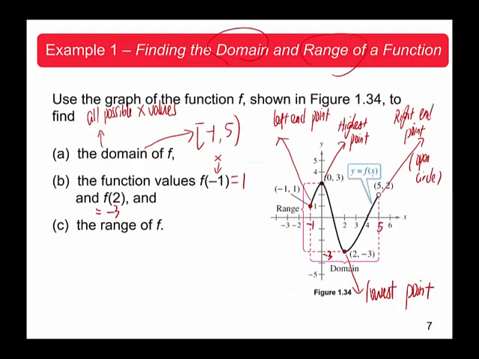So it starts with -3 all the way to 3. We are including both because both the lowest point and the highest point are solid points. So the range here is all possible y values, and in this case it is from -3 to 3, including both endpoints.